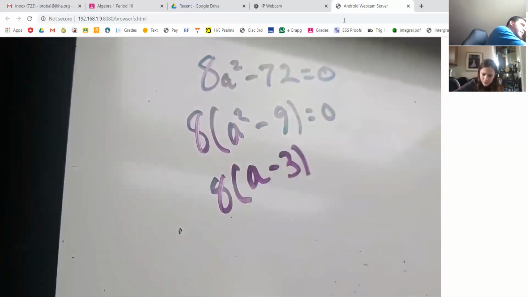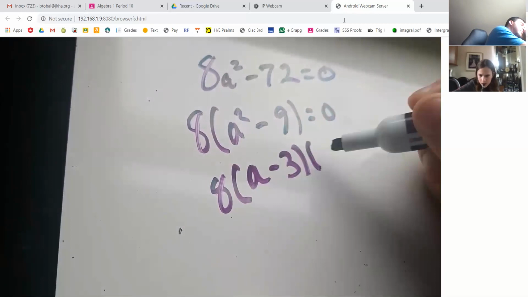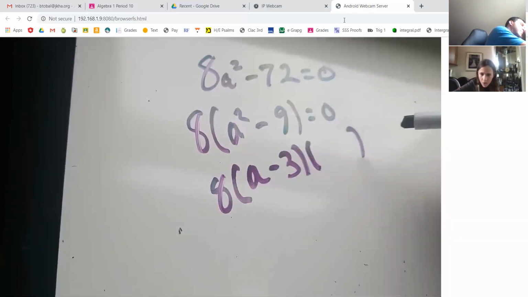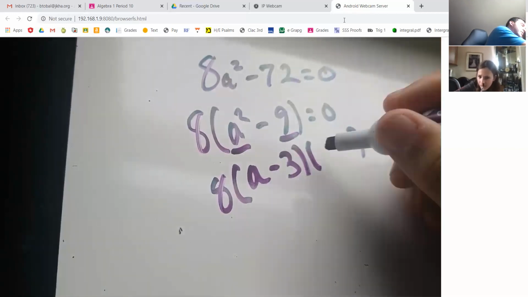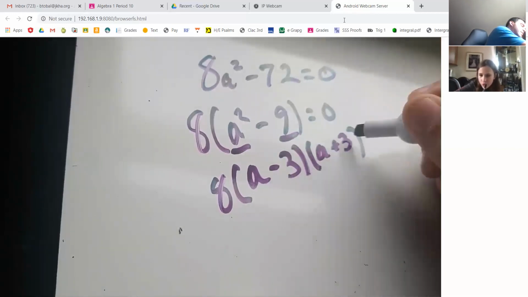Mm-mm. This was a 2-term one. So we got to do a minus 3 and what else? Oh, wait, why is it 2 terms though? There's 2 numbers in this parentheses. So when it's a plus 3? A plus 3. But why? How do you know to do 2 different ones?